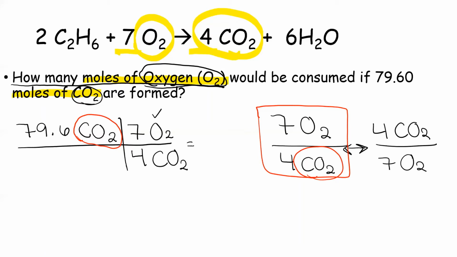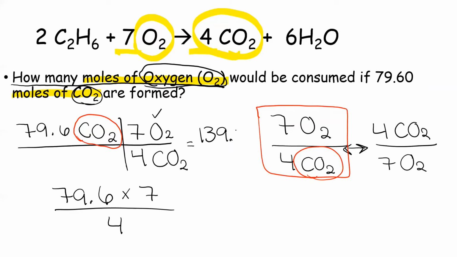So once again, I'm going to plug and chug into a calculator and do 79.6 times 7 divided by 4. So everything on top gets multiplied and is divided by everything on the bottom. So I do 79.6 times 7 all over 4. Once I plug that into a calculator, I end up with 139.3 moles of oxygen.